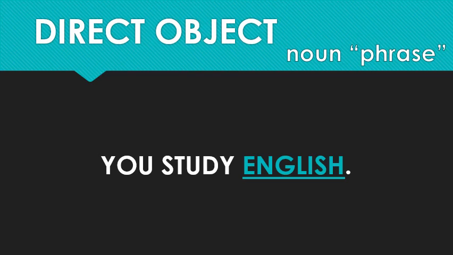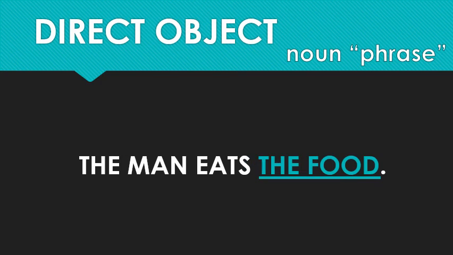You can have a direct object that's just English, or you can have the man, right? Article and noun together, the food, article and noun together, and those are noun phrases. Even though the is the first thing in that phrase, the noun is the most important part, the sort of head of that group. And so we call it a noun phrase.